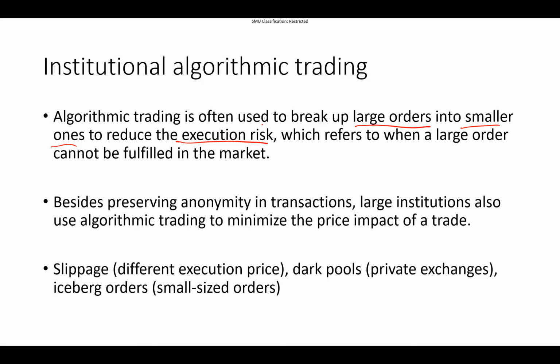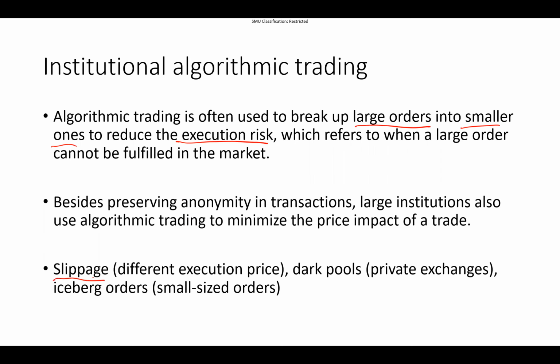And it usually comes with anonymity, right? So we do not reveal the information of the investor or the trader underlying the transactions, so that we can control the impact of the trade on the market. There are several things that can happen.